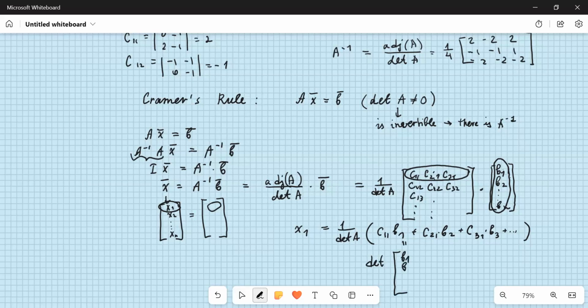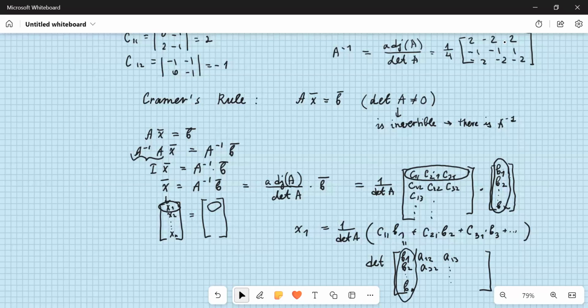Matrix B1, B2, Bn. And here A12, A22, A13, and so on. For us, it's going to look like you took the original matrix and put this right side column into the first column of your original matrix.